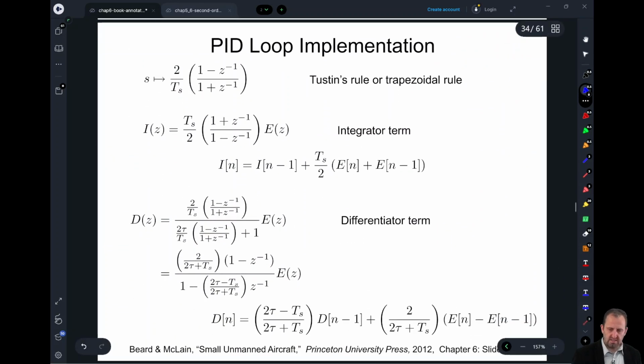Okay, so now let's talk about implementation. We're going to use the trapezoidal rule for converting from continuous time to discrete time. So we're going to convert our s to this value where we have that trapezoidal rule.